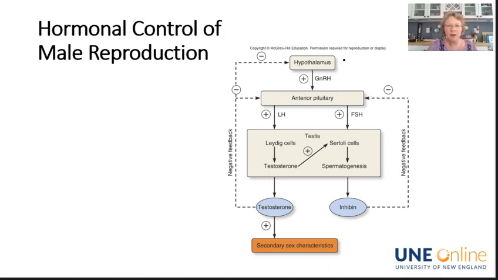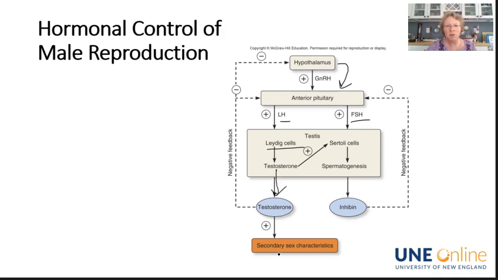Here's the hypothalamus producing gonadotropin releasing hormone, which acts on the anterior pituitary to release FSH and LH. LH acts on the Leydig cells, and remember those were in between the seminiferous tubules, and they will produce more testosterone.